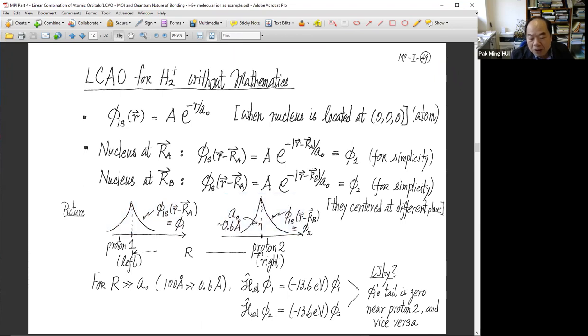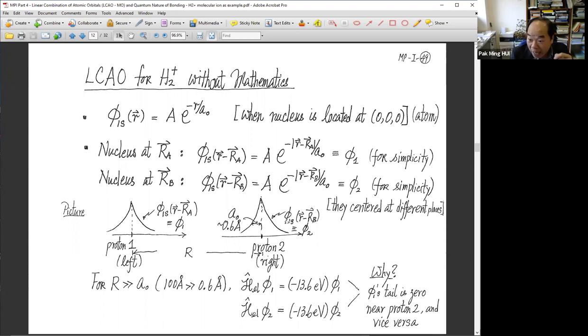The simplest possible idea is just to invoke these two atomic orbitals, and then form the linear combination of them as a good approximation to the energy eigenstate of the H2 plus molecule.